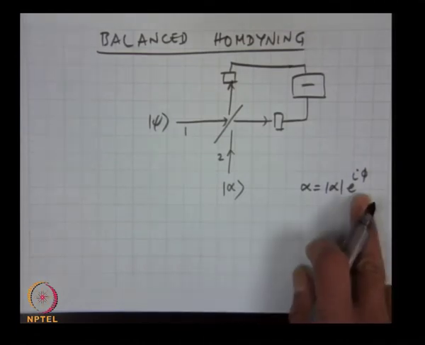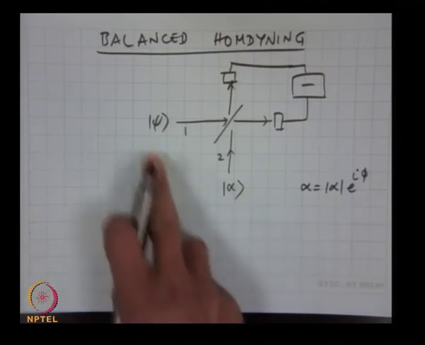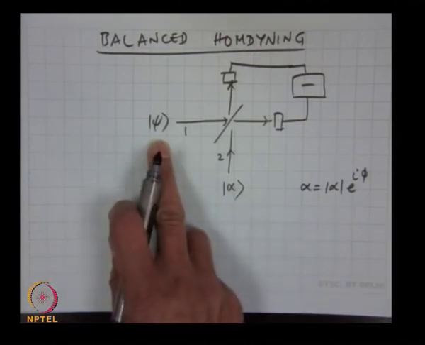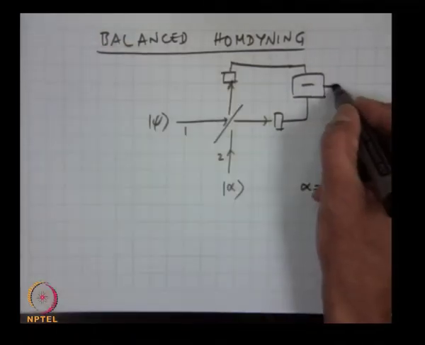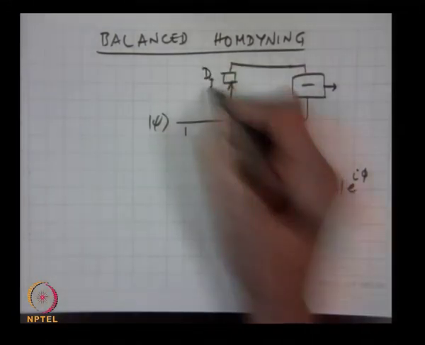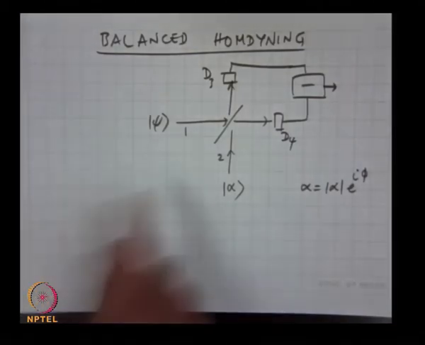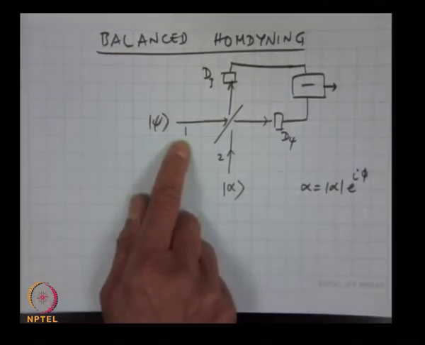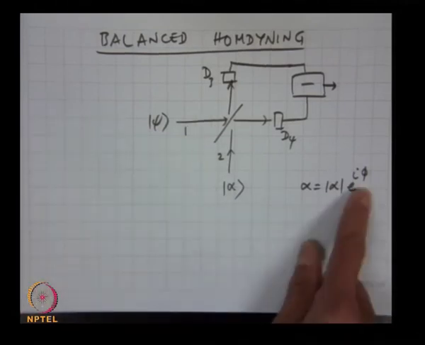By varying the value of phi, I will show you that I can pick up the x quadrature or the y quadrature. That means the signal I am getting out from here, as the difference in the currents between this detector D3 and D4, is proportional to the expectation value of either the x quadrature or the y quadrature or any combination of them, depending on the value of phi I choose.